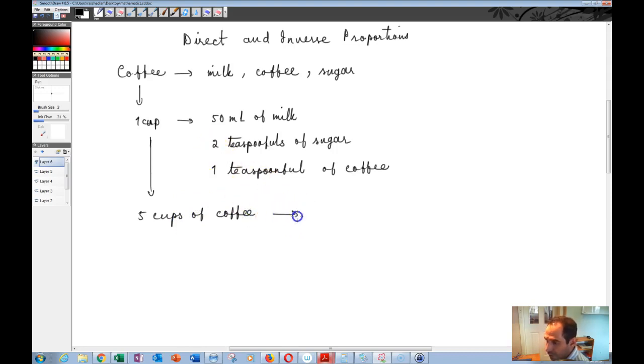In order to make 5 cups of coffee, it makes logical sense that if you need 50 ml of milk for 1 cup of coffee, for 5 cups you need 5 times that, meaning 5 times 50 ml of milk. And you need 5 times the sugar that you needed for one cup, because you're making 5 cups.